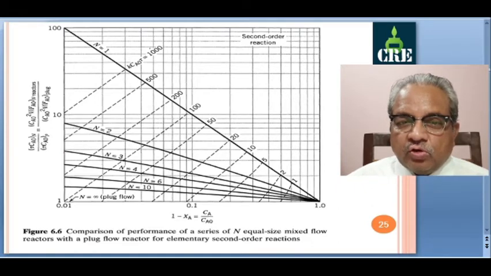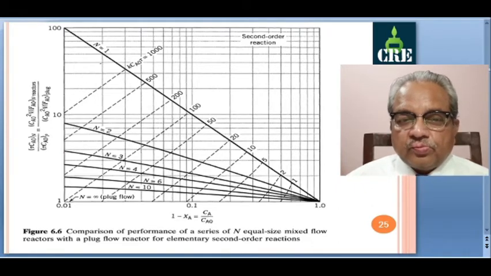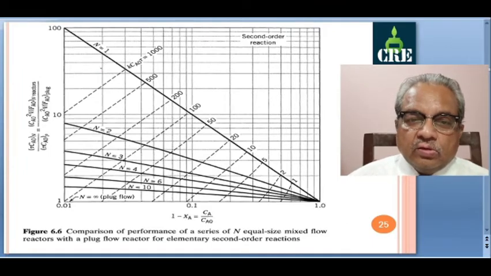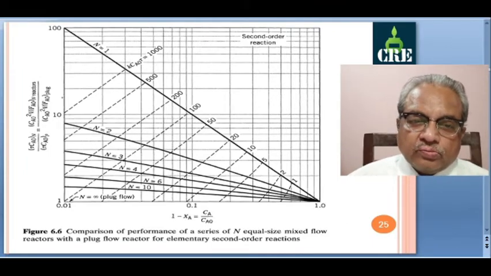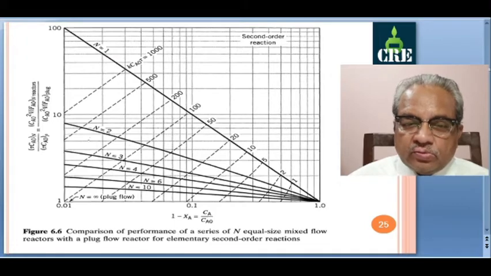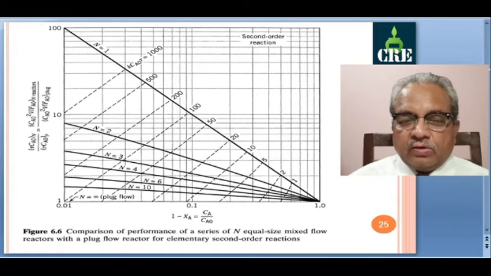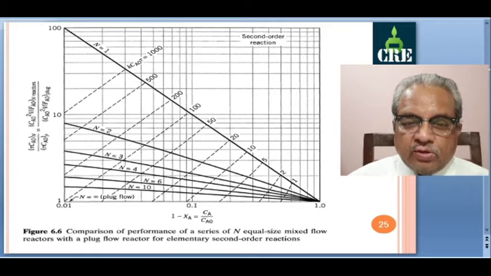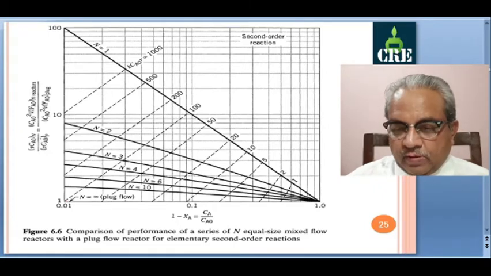When kCa0 tau is more, this ratio is more. And this is mixed flow reactor to plug flow reactor. As you go on increasing n, it is more towards plug flow reactor. Again, as this ratio is 1, it approaches plug flow.